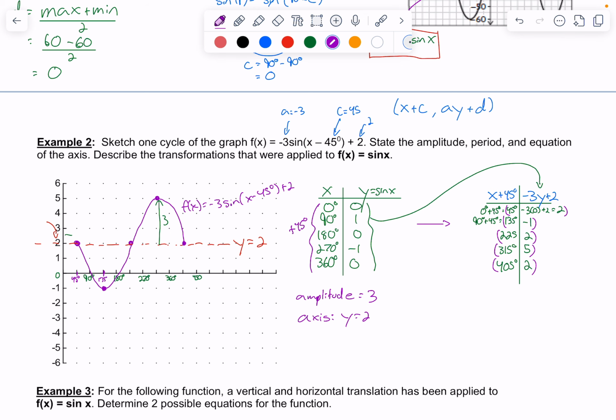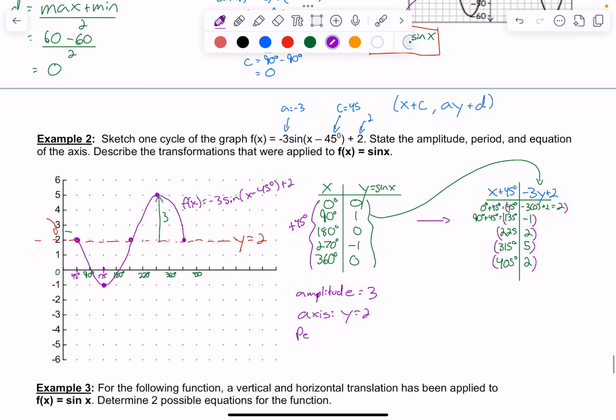And your period, remember periods are always 360, but you can go from the highest value, 405, take away 45 degrees, your starting point, and you'll get 360. So period is 360. And then I think that's each one. We state the amplitude, period, equation.